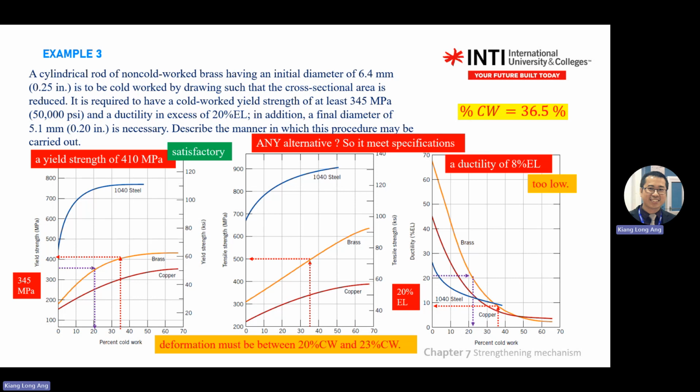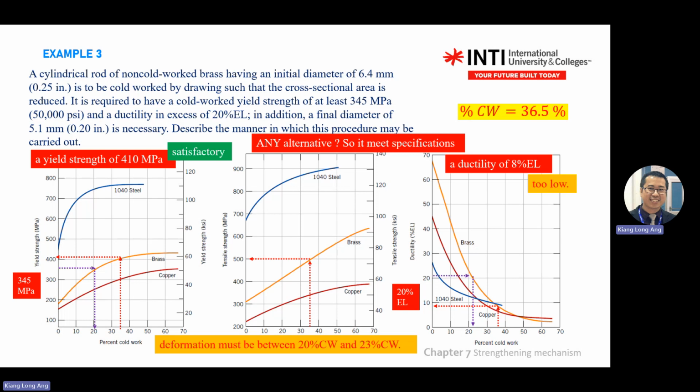It's the same concept. Actually, you arrive at the same answer. But it's safer that you check the ductility first, then reverse back to yield strength, rather than going from yield strength. So you see the purple color is the steps that we mentioned just now.